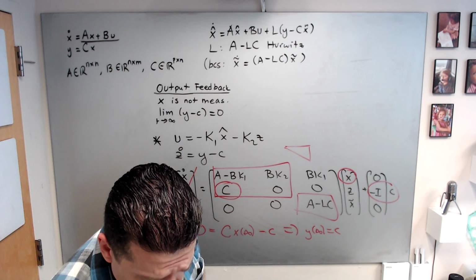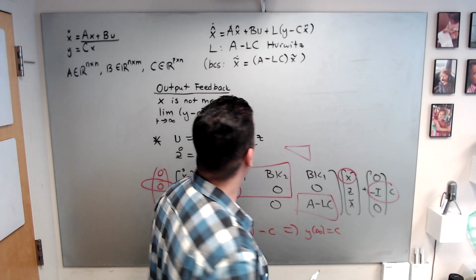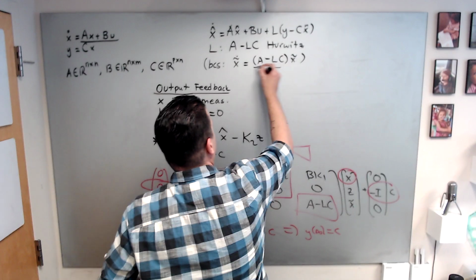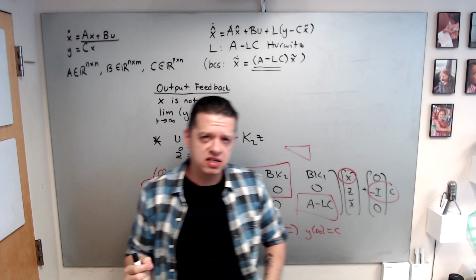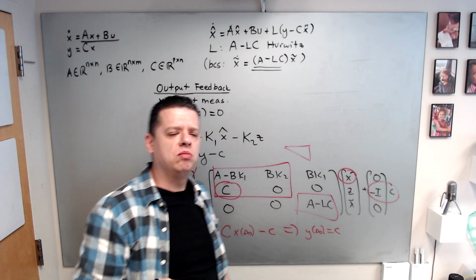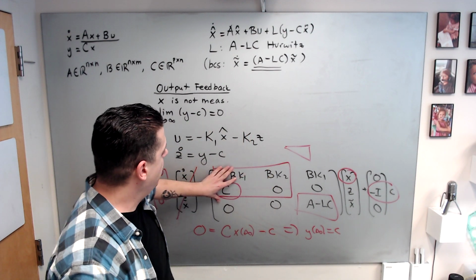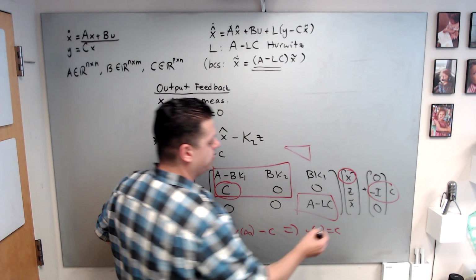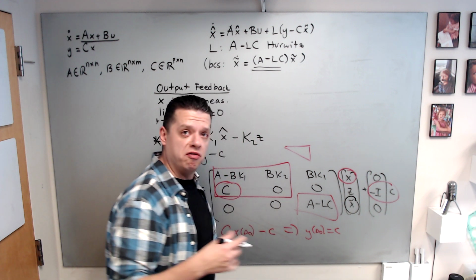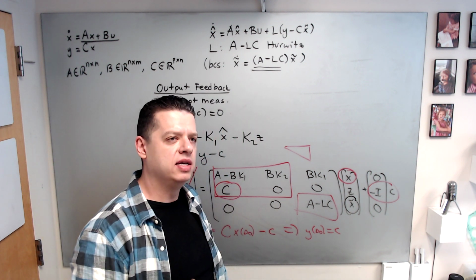I will recommend one thing though. The eigenvalues of this should be faster, more on the left hand side, as compared to the eigenvalues of this matrix for this integral approach, so that the estimation error dies out faster, so that your system more or less will behave like state feedback.